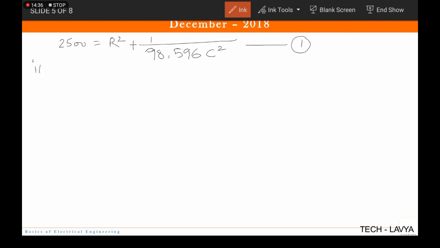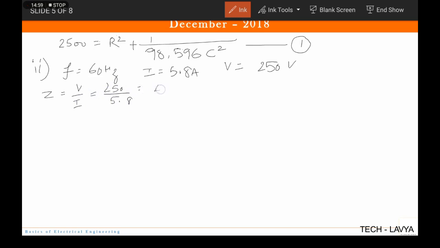Now let us talk about case 2. Case 2 is frequency changes to 60 Hertz and current changes to 5.8 amperes, whereas V remains constant at 250 volts. So again we will be going through the same procedure. First we will calculate Z, which comes out to be 250 upon 5.8. So Z comes out to be 43.1 ohms.